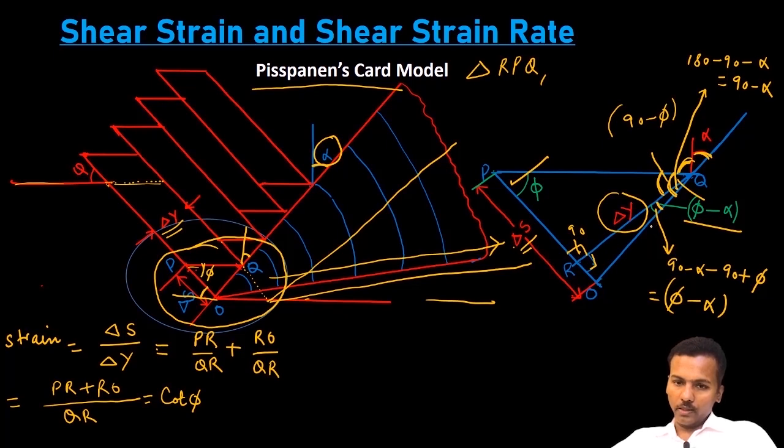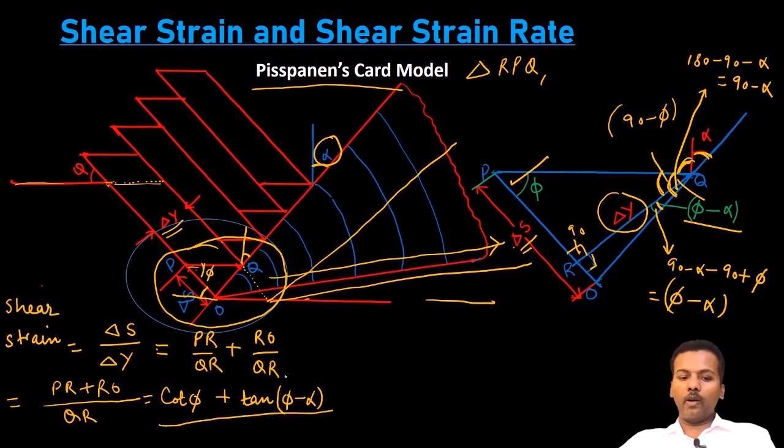In this case, tan of phi minus alpha equals OR upon delta Y. So this can be written as tan of phi minus alpha. So this is the shear strain value: cot phi plus tan of phi minus alpha.